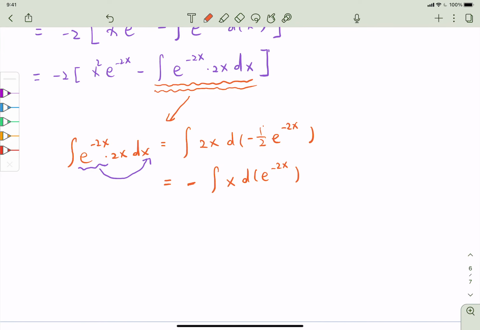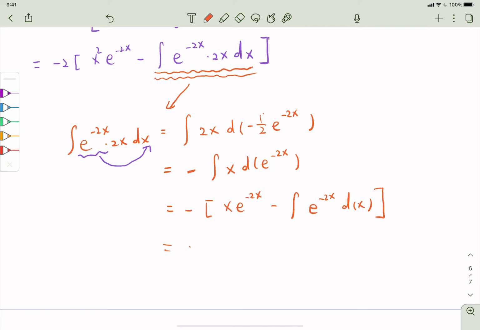And then we apply the integration by parts once again. Negative of the product, and then the new integration by switching position. And now we have negative x e to the negative 2x minus, for this one we know it very well, that is negative 1 over 2 e to the negative 2x.